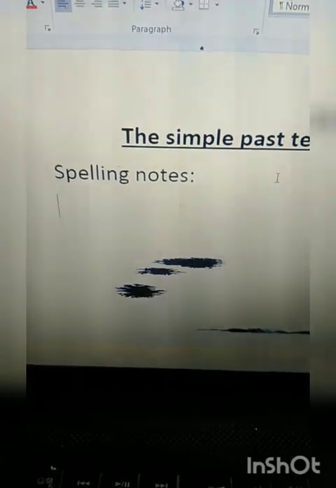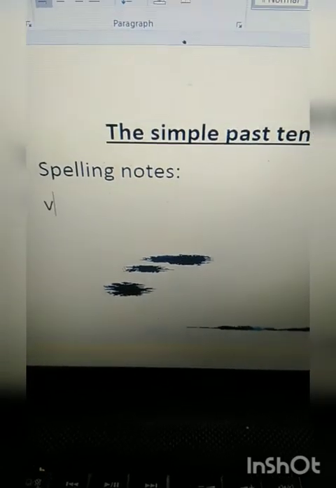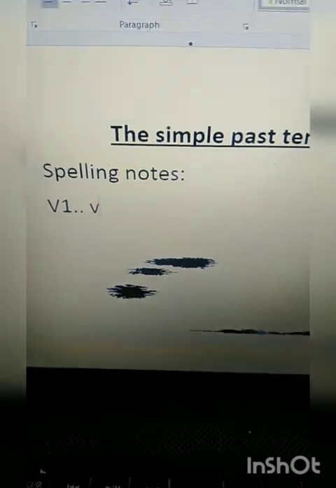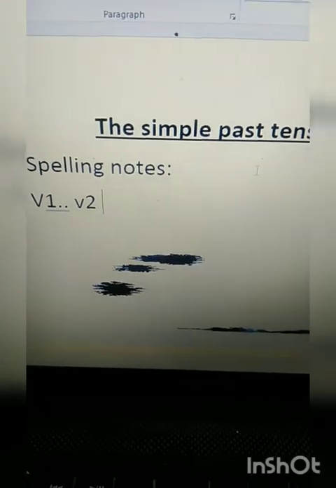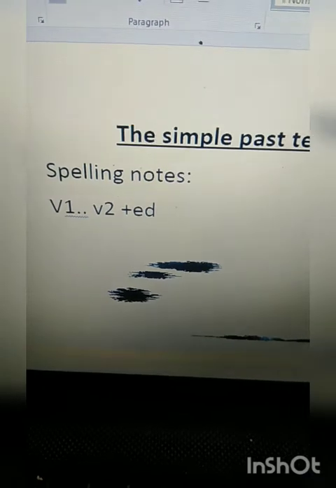And here we have some spelling notes if I want to add ed to the verb. We said that if I want to change the verb from verb 1 to verb 2, which means the past form of the verb, we add ed.